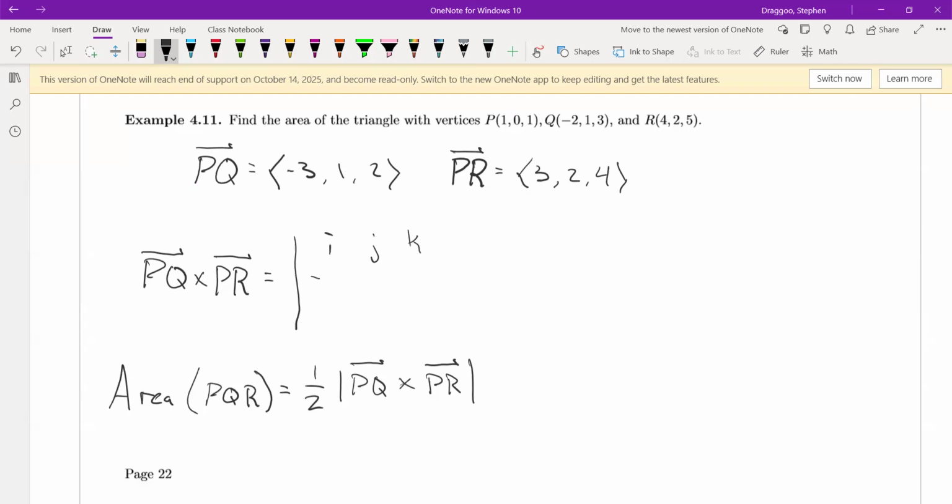IJK across the top, -3, 1, 2 across the middle, 3, 2, 4 across the bottom. And see what we get. Looks like I'm going to have 1 times 4 minus 2 times 2, which is 4. Next down the line, 2 times 3 is 6, minus -3 times 4 becomes plus 12.